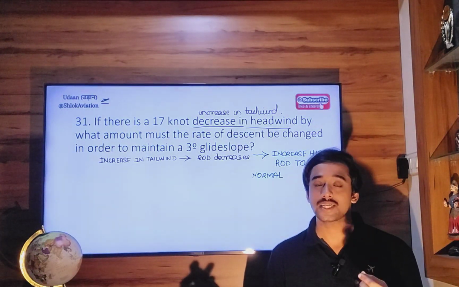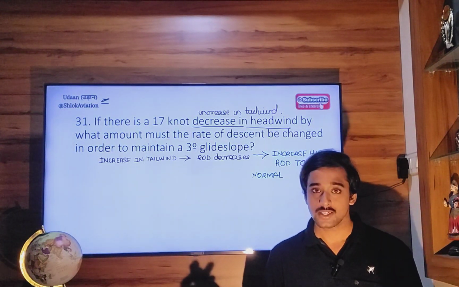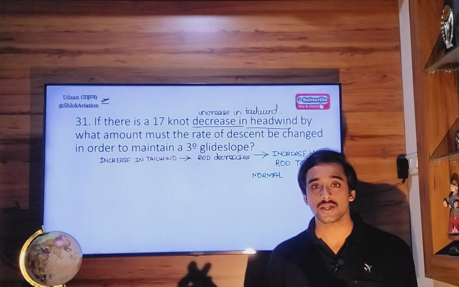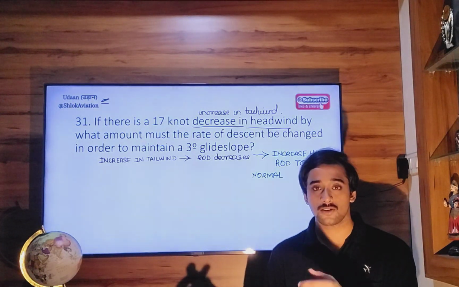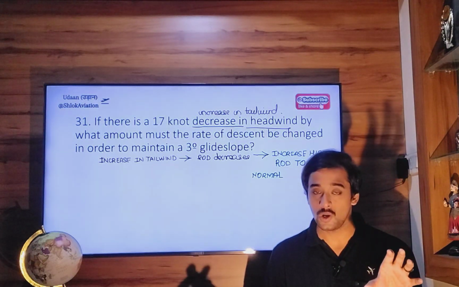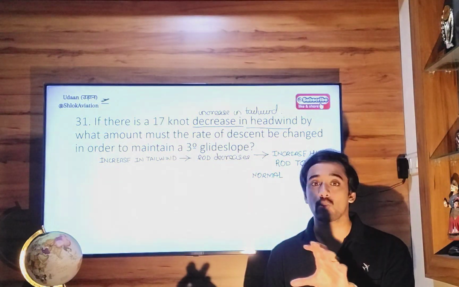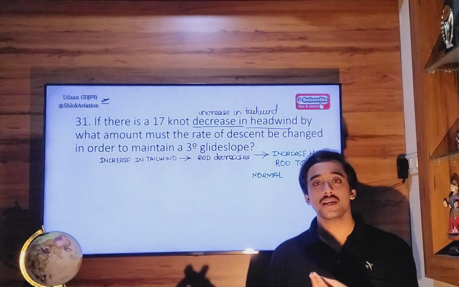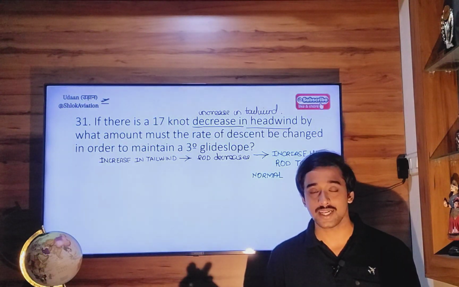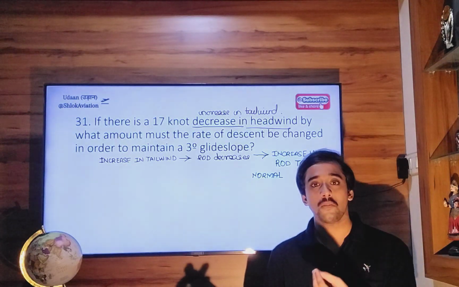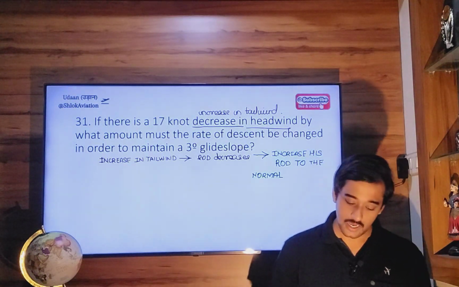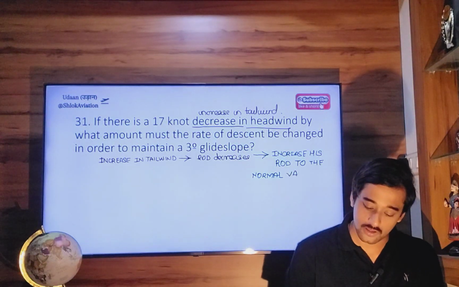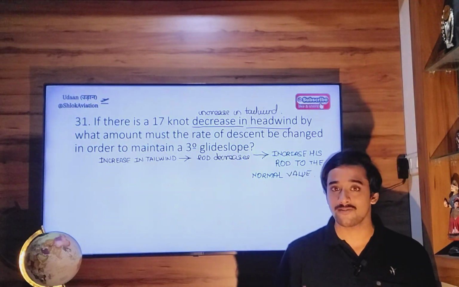You will decrease the engine power of your aircraft such that your true airspeed decreases, the lift component decreases, and as a result, you will increase the rate of descent from that 300 feet per minute value to the value required for that particular descent, which is 500 feet per minute. So you will decrease your engine power as much as needed to capture the normal rate of descent, the required value.